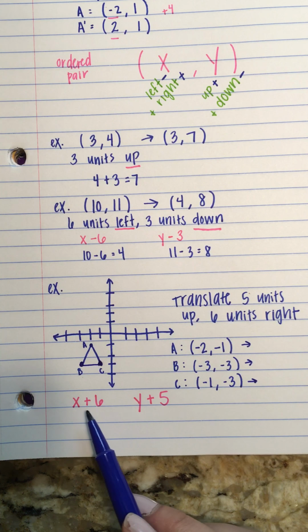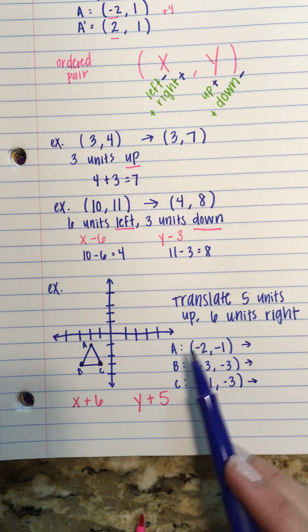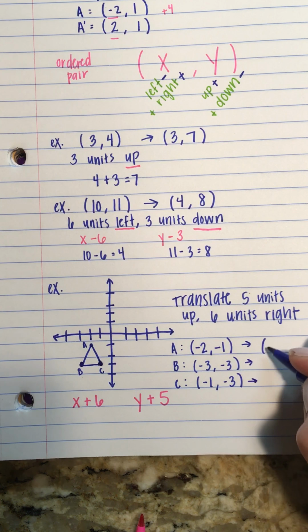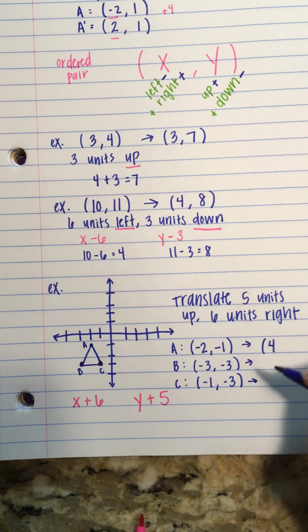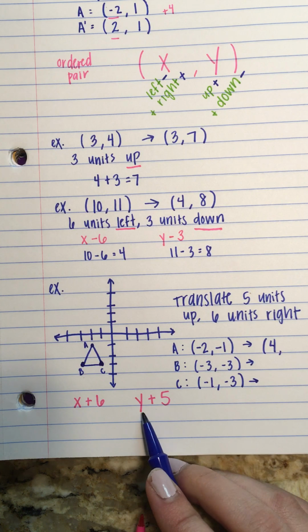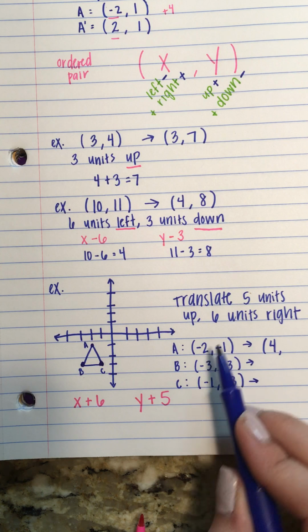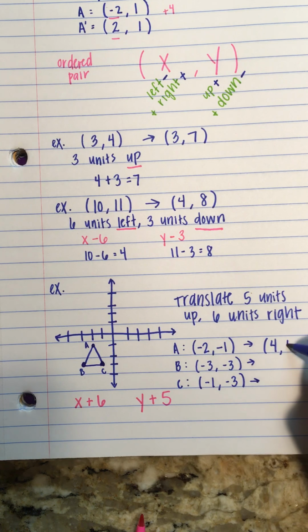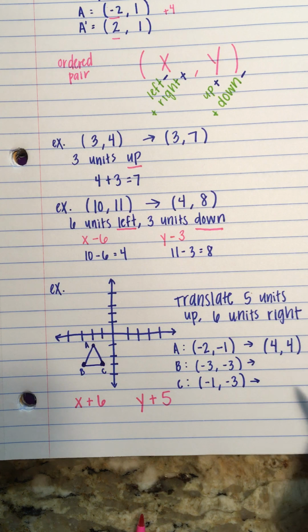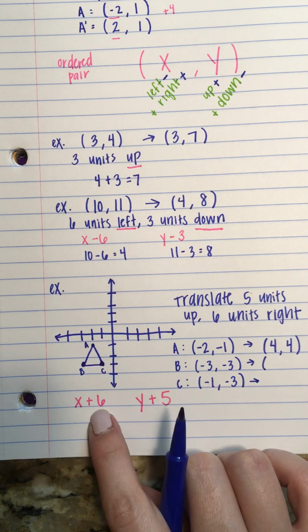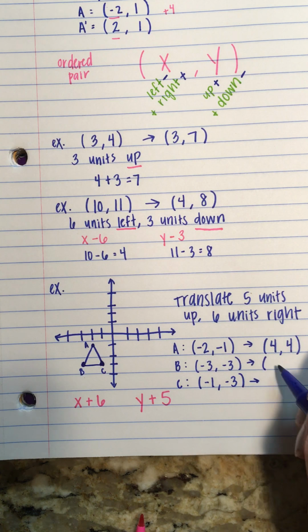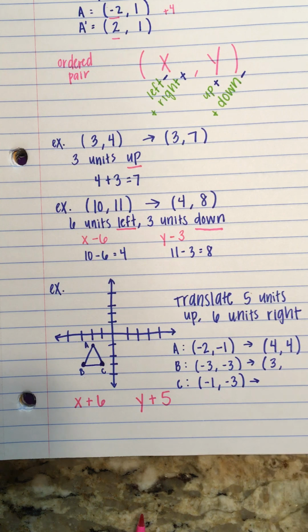Okay, first up, x plus 6. My x is -2, so when I add 6, I get +4. My y, I need to add 5. If I do -1 plus 5, I get 4, okay? Next up, my x is -3. I need to add 6. That will give me +3.